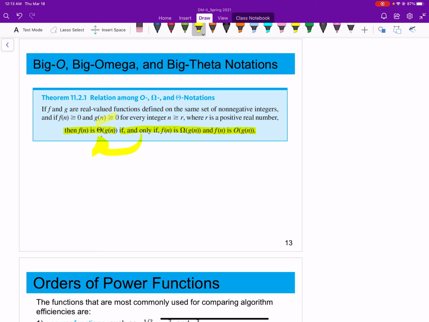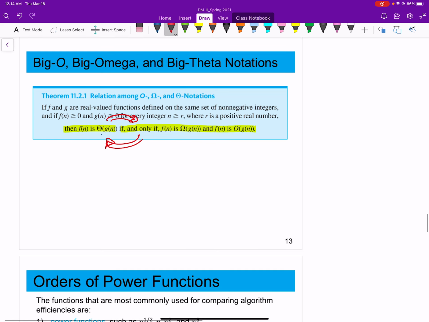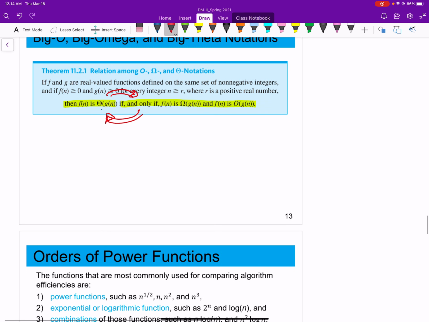If this condition happens, that will happen. Okay, that's true. This is very easy. We have learned that.